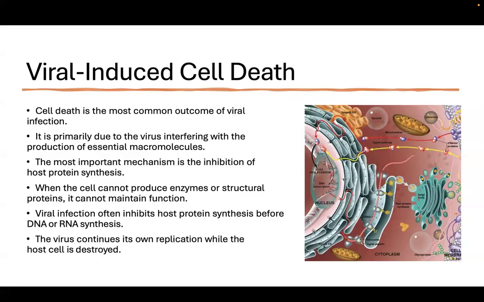Viruses come in and literally interfere with the production of macromolecules, specifically proteins. Because for a cell to be living, it needs to produce hormones, proteins for cell structure, and a lot of different regulator signaling proteins to keep things in check. Now the virus is robbing that. It's stopping the host cell from doing these very critical functions, and this can lead to death. That's usually what happens technically.